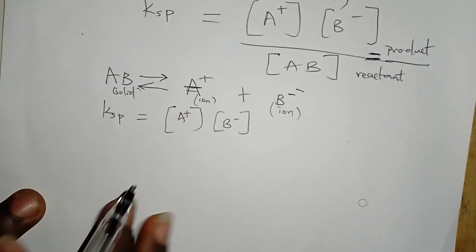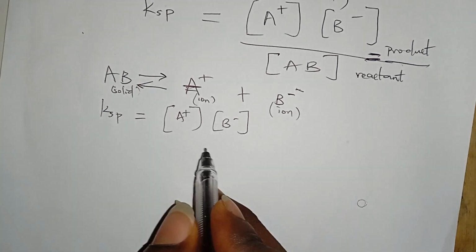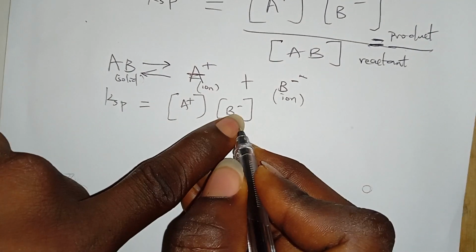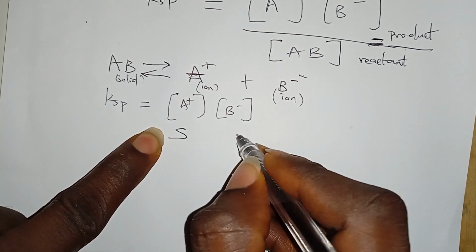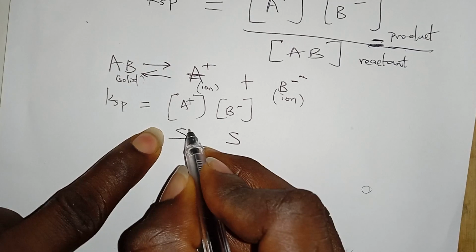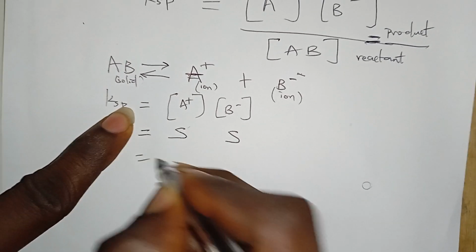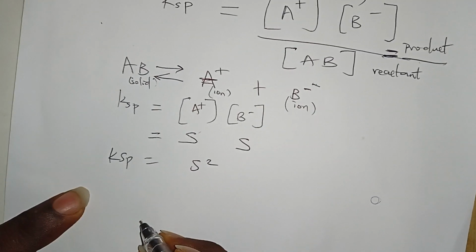Now the question can come, they ask you, what is the formula for finding solubility? This is solubility product. What is the formula for finding solubility? Now we know that if this is A plus, this is B minus, this is a soluble ion. This is also a soluble ion. So let's say that this is S and S for solubility. Which means that S square is equals to KSP.